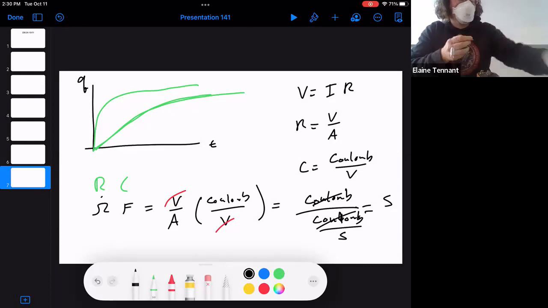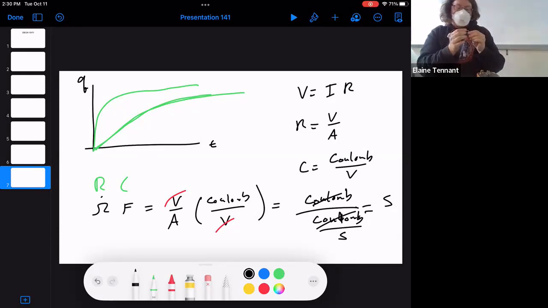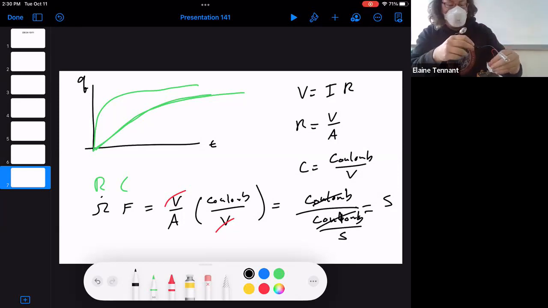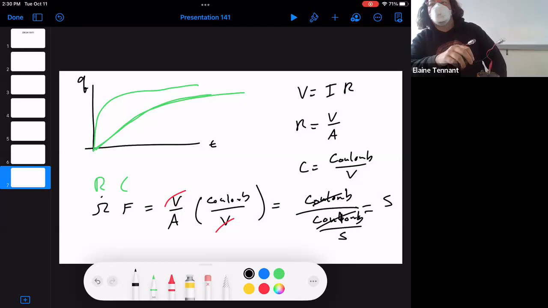Now when I double this resistance by putting these two bulbs in series, what's going to happen? When I initially hook this up, will it be as bright as it was before? Okay, so I'm starting at a slightly lower point in terms of current. But what I want you to pay attention to is how long it takes to change.